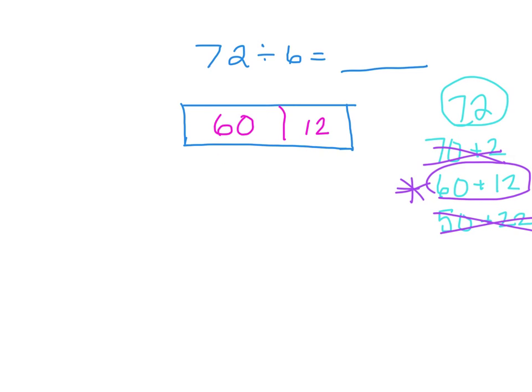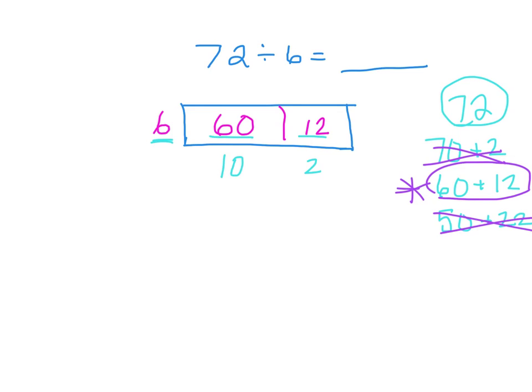So I have split my 72 into 60 plus 12, and I'm dividing it by 6. So step 1, I have to do 60 divided by 6, which is 10, because 10 times 6 is 60. Then 12 divided by 6 is 2, because 2 times 6 is 12.